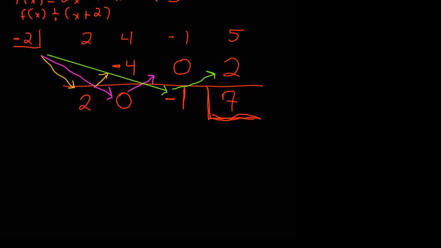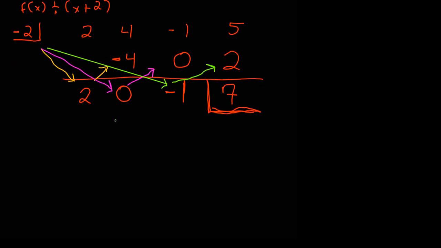So to translate this back into a polynomial, this is 2x squared plus 0x minus 1 plus 7 over the x plus 2 that we divided by.